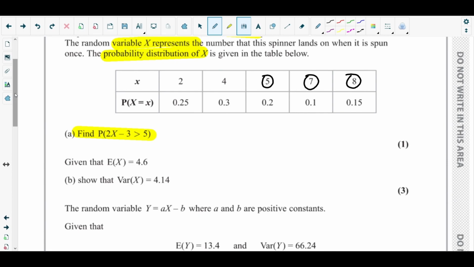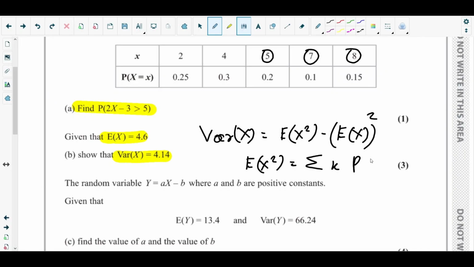The expectation of x is given. We need to find the expectation of x squared. The expectation of x squared is the summation of x squared times the probability of x.